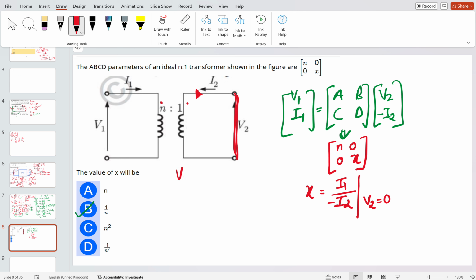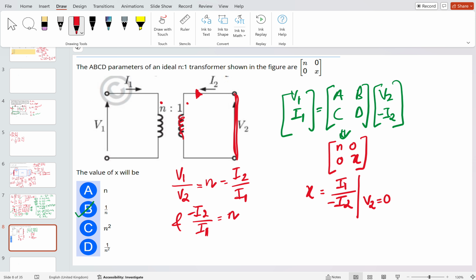By the transformation we already know that V1 by V2 is equal to n, and I2 by I1 is also equal to n. But the I2 which is flowing out of that network is reverse of that, which means the actual I2 is minus I2.